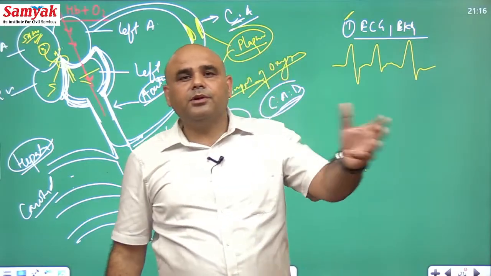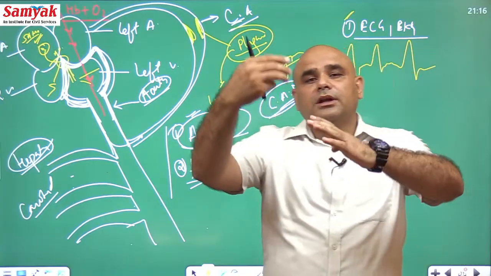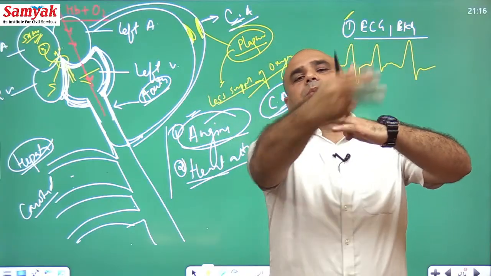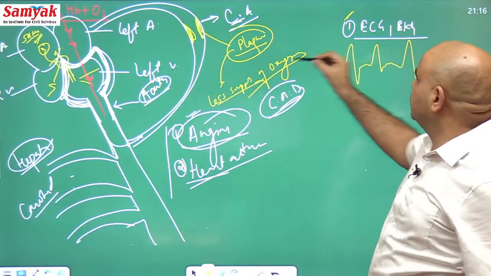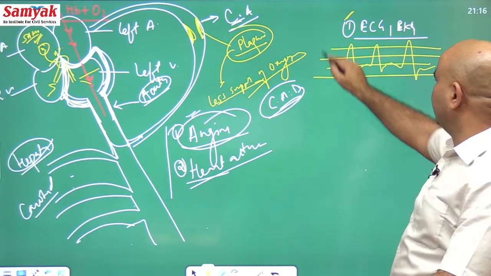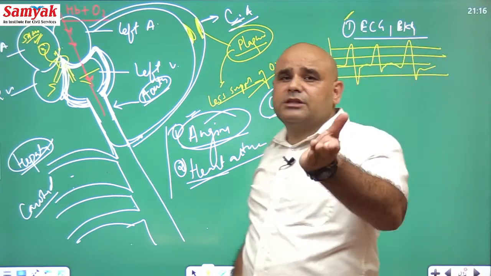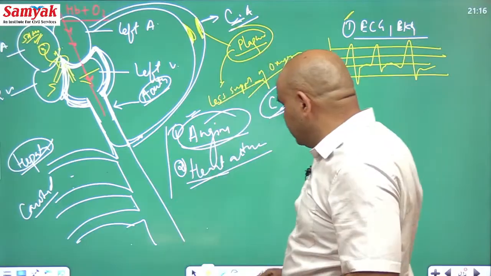These are the four terminals from where the impulse will propagate. This is measured in terms of voltage with reference to time. So there are two axes, voltage and time, and polarization and depolarization are measured here with the help of ECG or EKG.